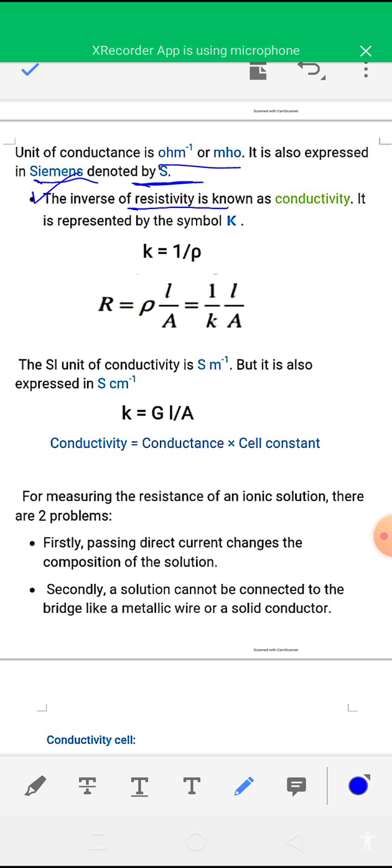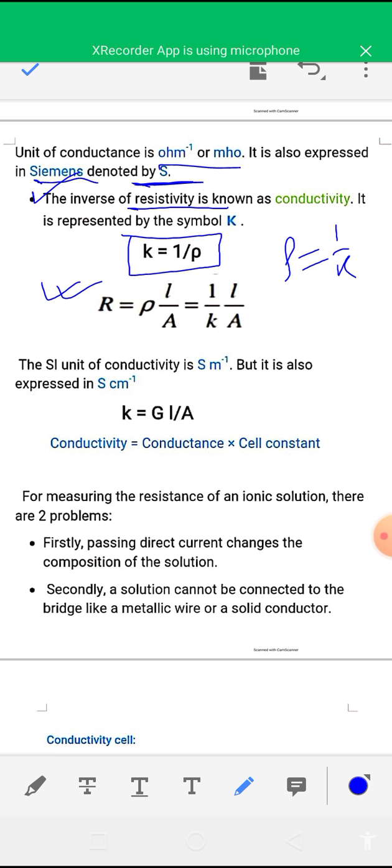So conductivity k is equal to 1 by rho. Since R is equal to rho L by A and rho is equal to 1 by k, resistance is equal to 1 by k into L by A.